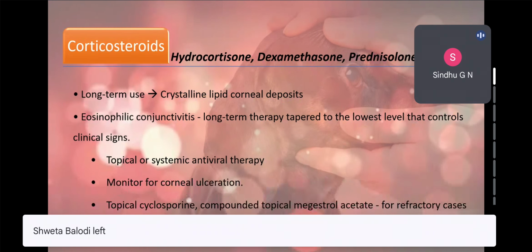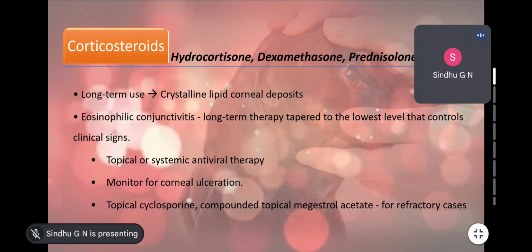And corticosteroids like hydrocortisone, dexamethasone, and prednisolone, either in ointment form or drops form, are available. Their long-term use can cause crystalline lipid deposition in the cornea. We will see that also later, what it is. Then in eosinophilic conjunctivitis cases, long-term therapy tapered to the lowest dose which controls the clinical signs is indicated. Along with that, we can start topical or systemic antiviral therapy.